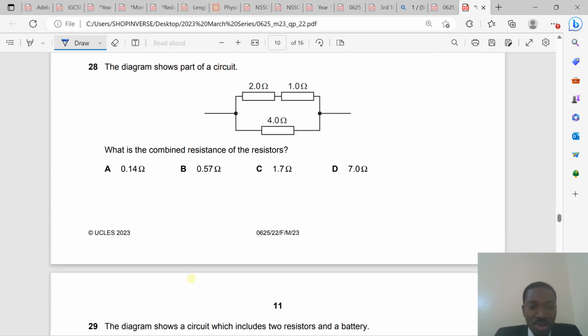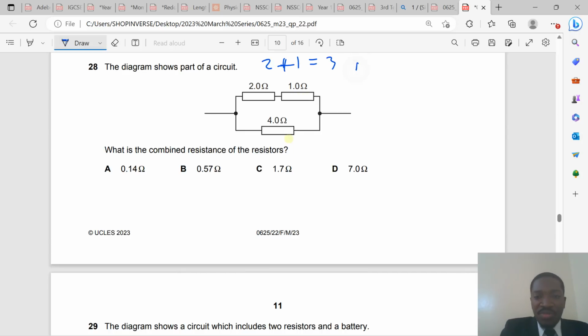Question 28. The diagram shows part of a circuit. What is the combined resistance of the resistors? These two are in parallel, but do not forget that before this parallel combination, these two are in series, so we have to find the series resistance here. We add them together, 2 plus 1 equals 3. So now we have a 3 ohm resistor in parallel with a 4 ohm resistor.